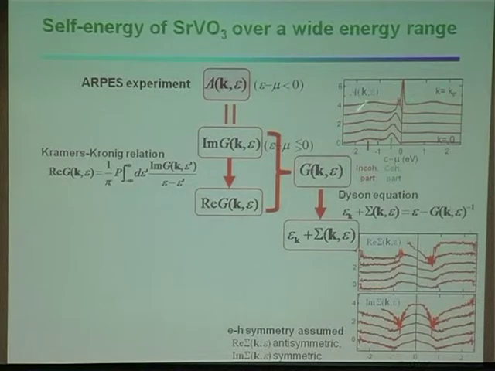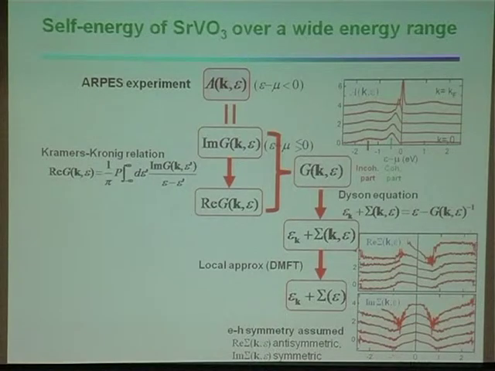But because of insufficient experimental data, we made the assumption that this is symmetric and anti-symmetric with respect to the chemical potential. This is not too bad, but not very good, so I will come back to this assumption.